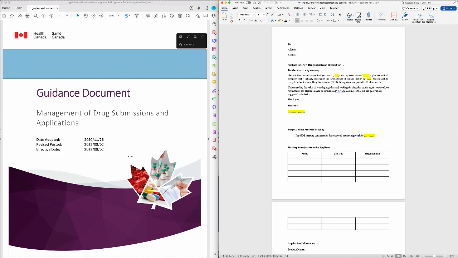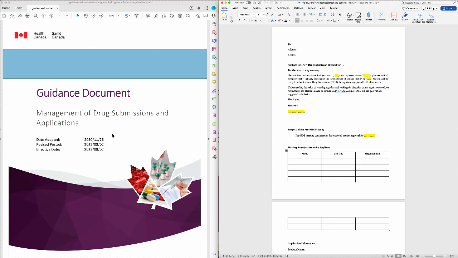It means that we have to go through the guidance document, and then we are going to look into in which section we will need to find that information, so that we will read the regulation. Then we are going to look into templates that are given to us by Health Canada. Then we continue with completing the templates, preparing the documents, and then we will send it to Health Canada.